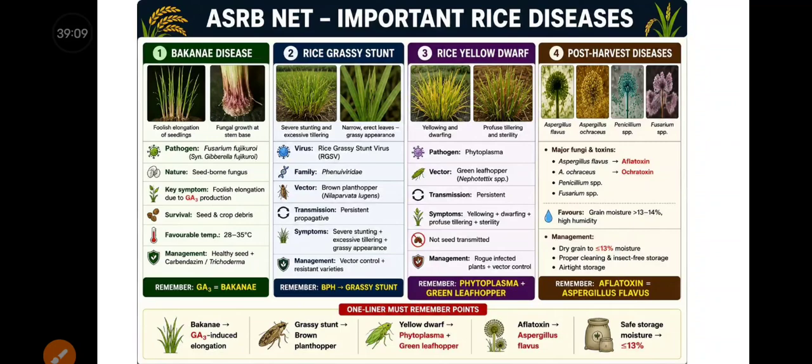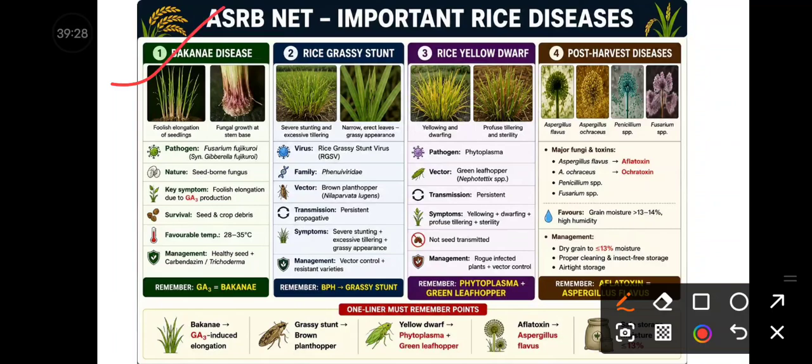Next are a few less important diseases, but from the exam point of view these are very important. You have to remember the causal name and vector for these viral diseases. First, the fungal Bakanae disease. This is a fungal disease, and from the infected plant gibberellic acid was isolated.